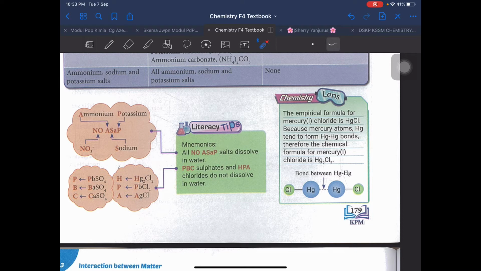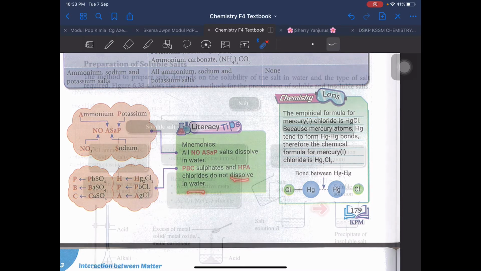But if you see PBC and HPA, PBC for sulfate, specifically for sulfate, and HPA for chloride, itu tidak larut di dalam air. Do not dissolve in water.